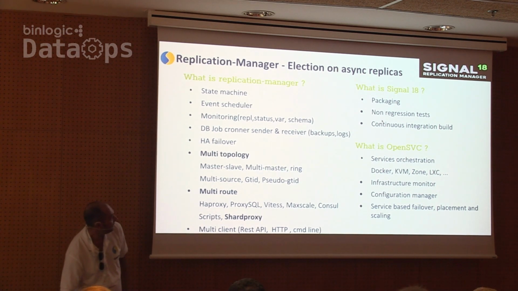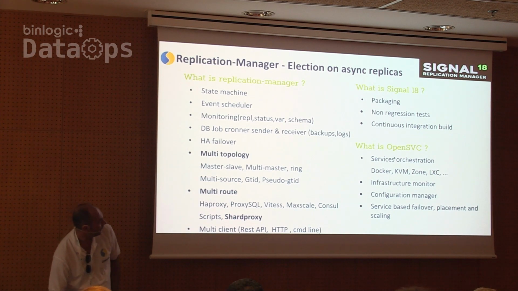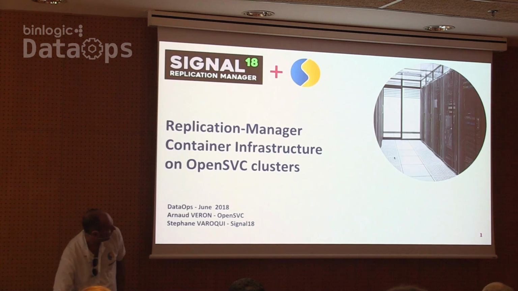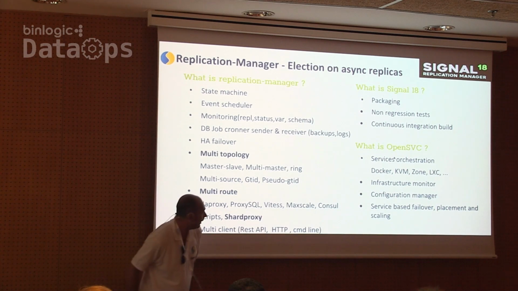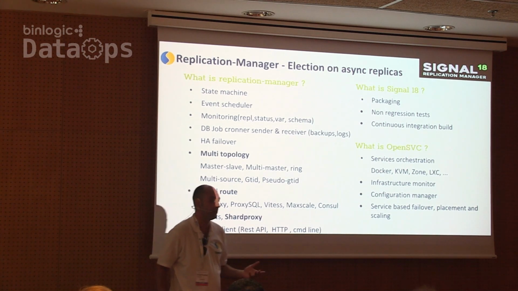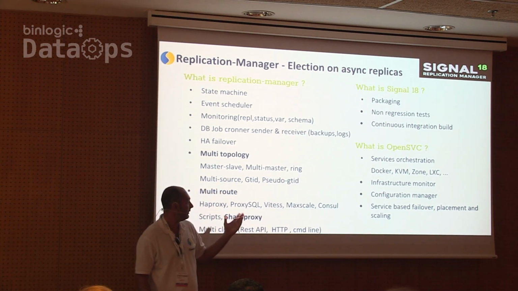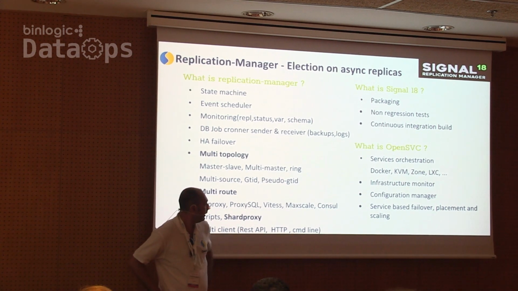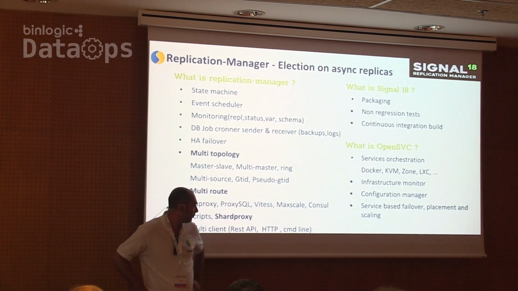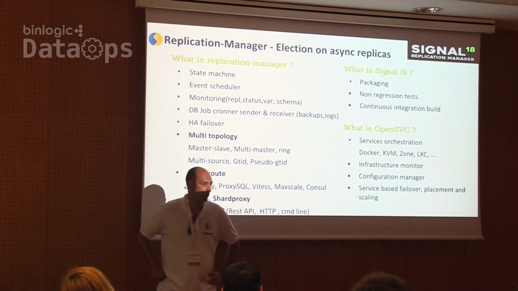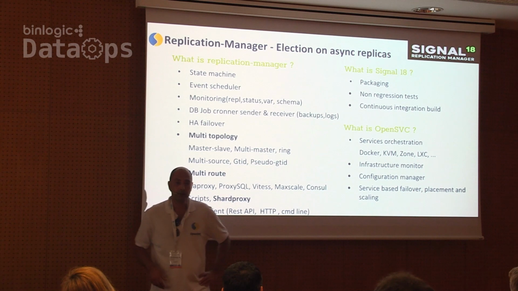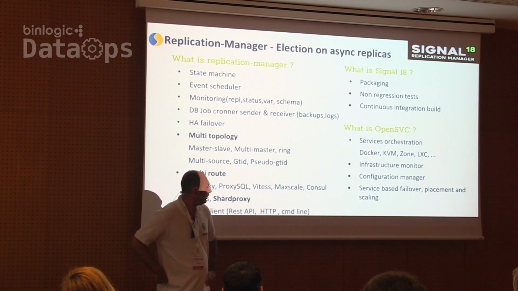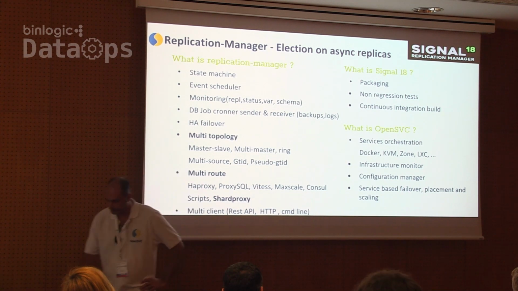And Signal 18 is the company we created to support the product, and OpenSVC is our orchestrator. So it orchestrates a lot of things like Docker, KVM, Zone, LXC. It's cross-platform. It monitors the infrastructure. It does the configuration like Vagrant or Puppet for you. And it's service-based failover and placement and scalability.